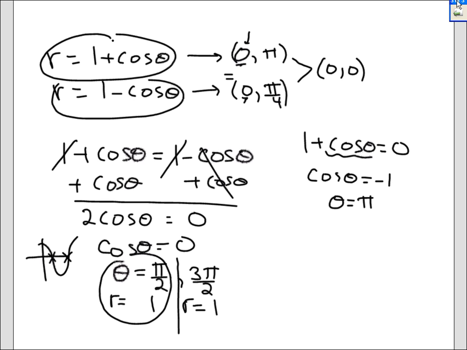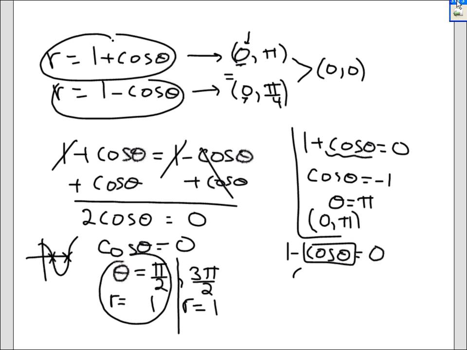So the first graph has the point r comma theta, 0 pi. In the second graph, it too can equal 0 when this is 1. And cosine of theta is equal to 1 when theta is 0.